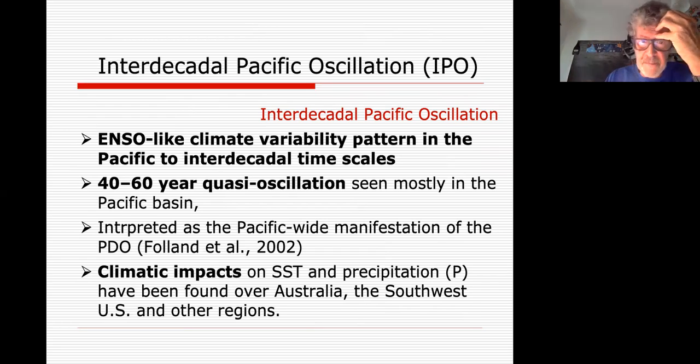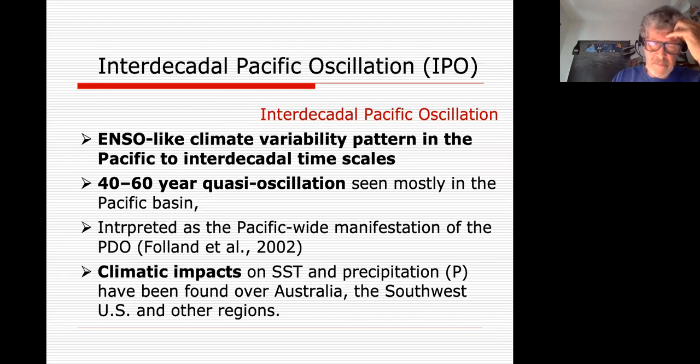And there is another mode of variability, the interdecadal Pacific oscillation, a climate variability pattern with an interdecadal time scale, a quasi-oscillation that goes for 40 to 60 years, mostly in the Pacific basin, interpreted as a Pacific-wide manifestation of PDO.